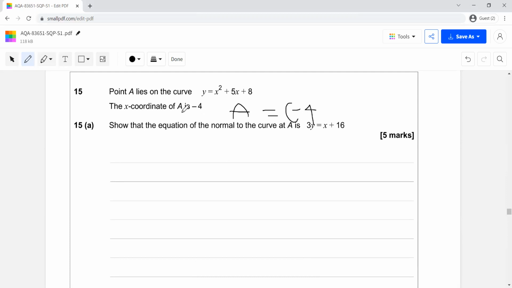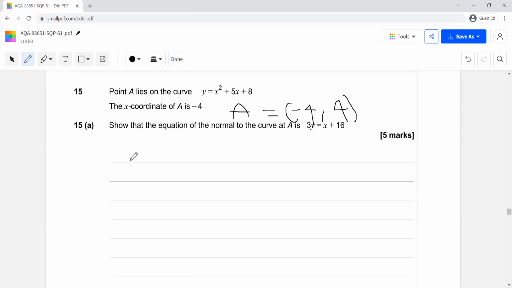So you can work out what y is. So negative 4 squared is 16. And 16 plus 5 times negative 4 is 16 minus 20, which is minus 4. And minus 4 plus 8 is a 4. So A is point (minus 4, 4).